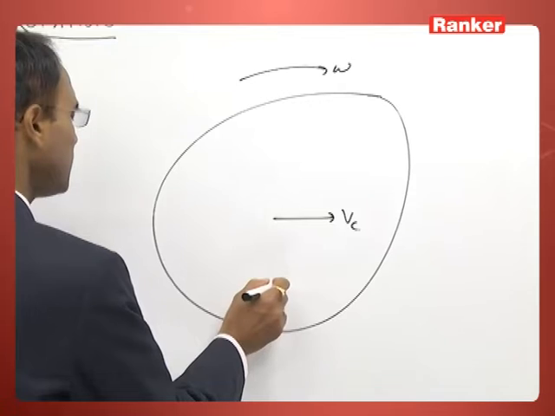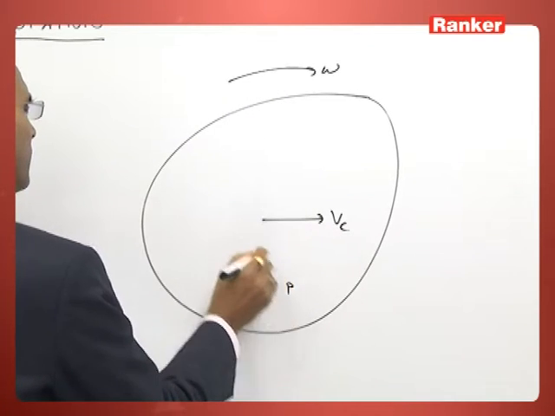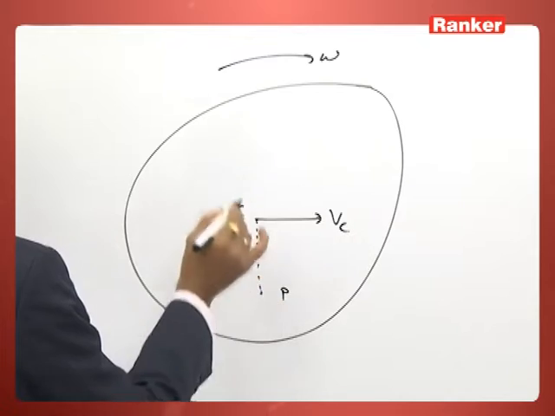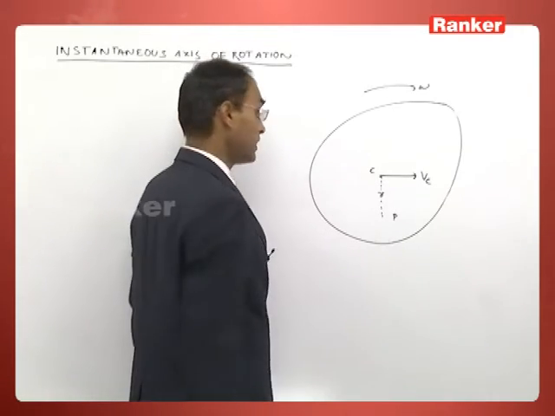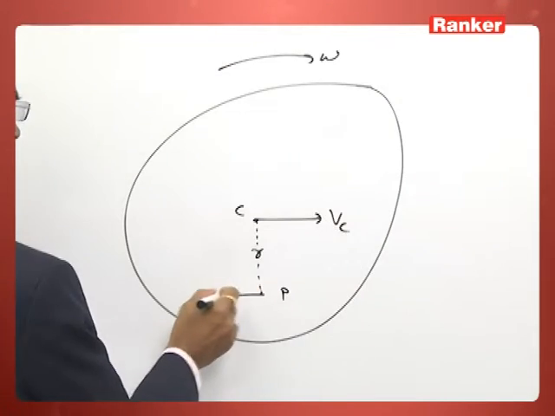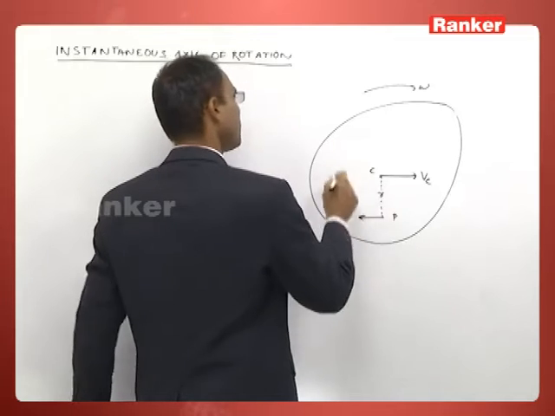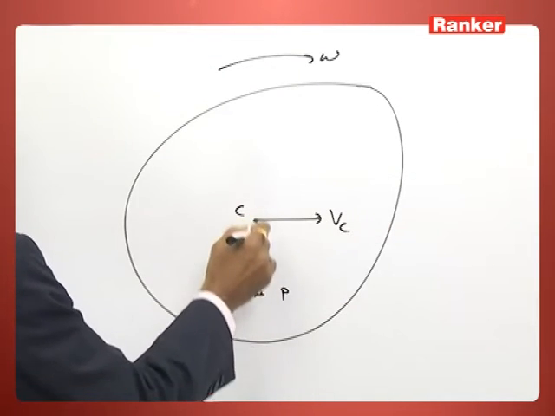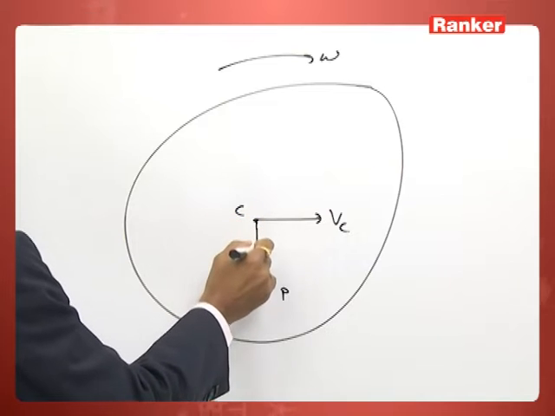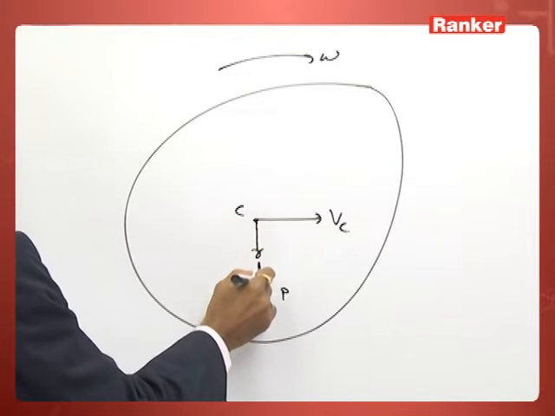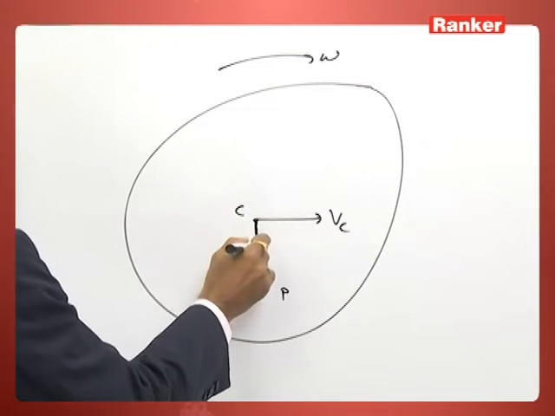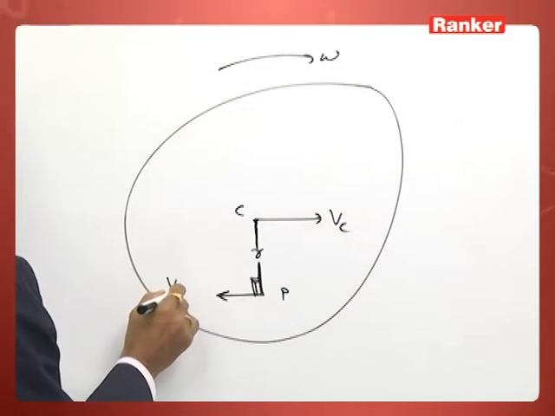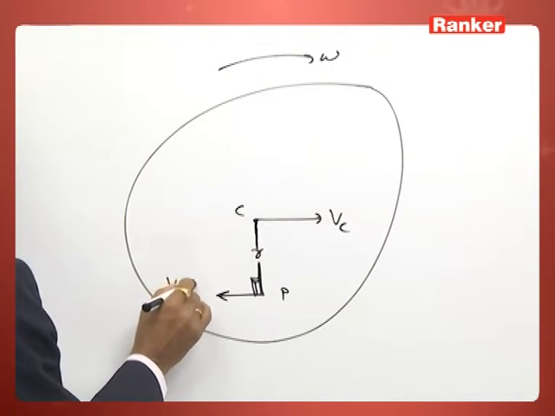If you take any point P, a distance of r from the center of mass, this point will move perpendicular to the line joining P and C with the velocity Vpc equal to r omega.